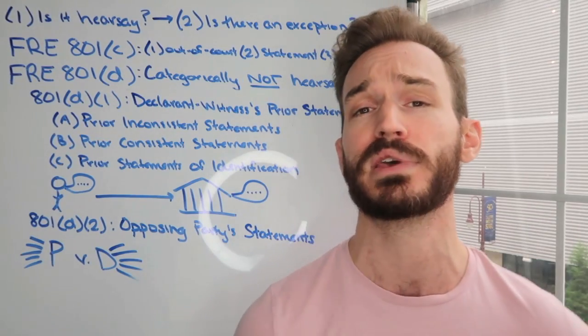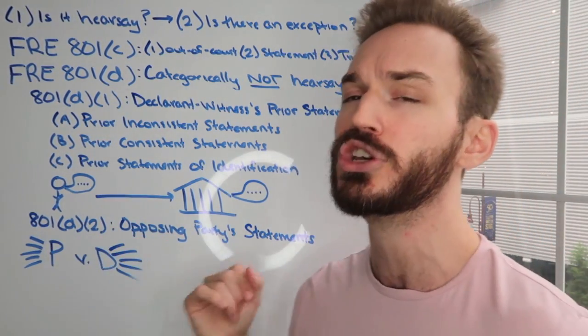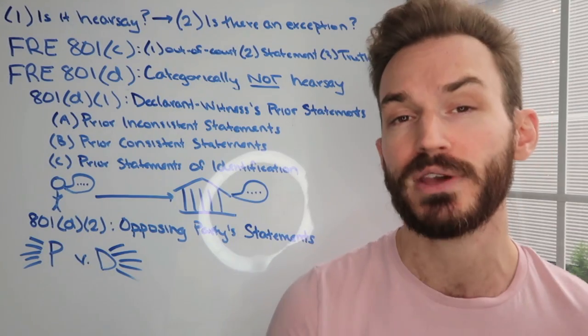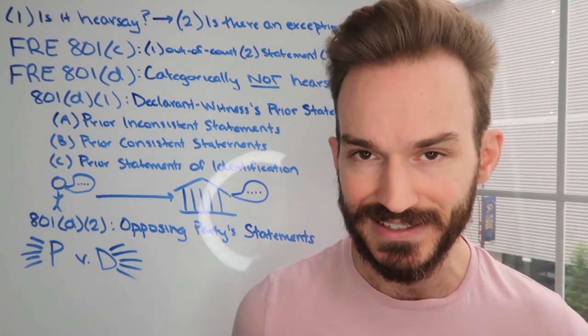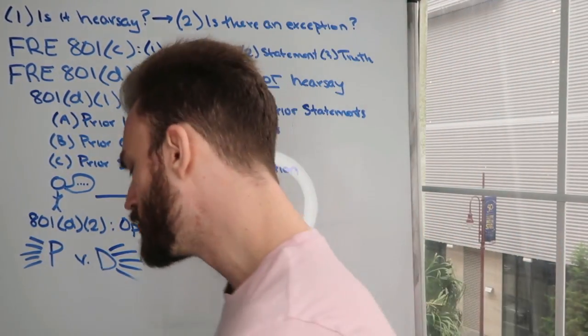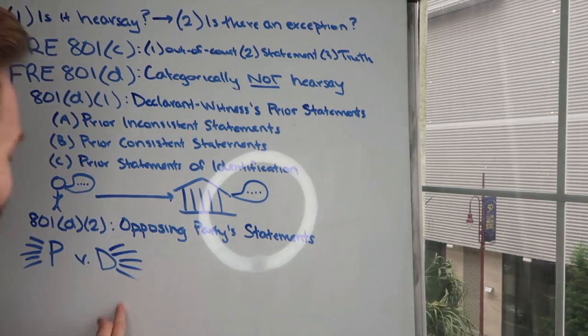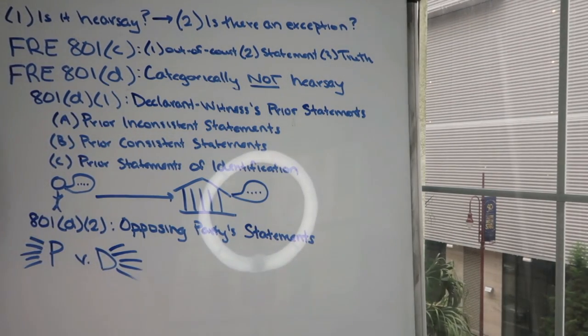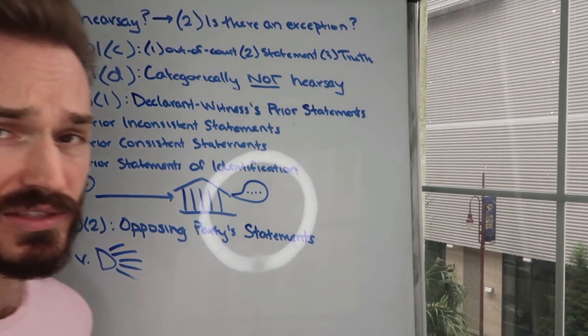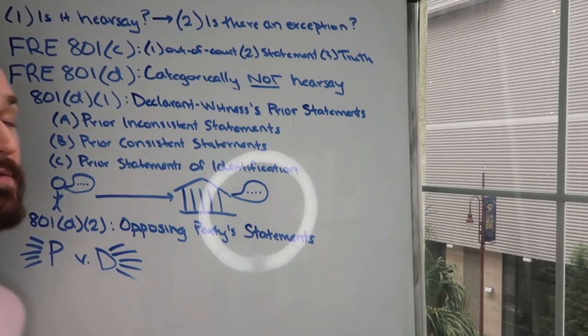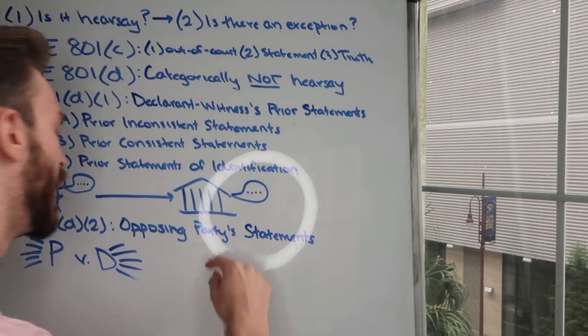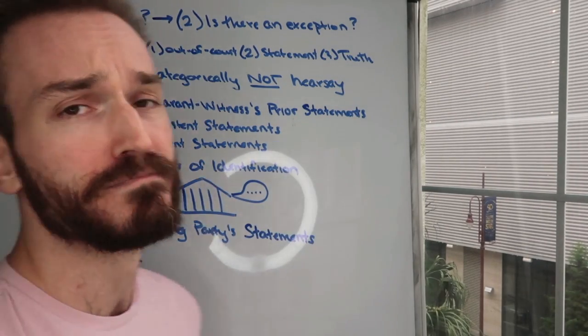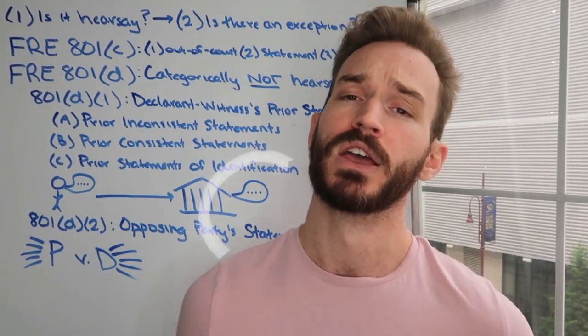It's not going to be hearsay. Under 801(d)(2), you can use an opposing party's statements against them, right? And it's important to recognize here too that it doesn't even necessarily have to be the defendant himself making the statement. We have this idea of vicarious admissions, where another person's statement can be imputed onto the defendant in certain situations.